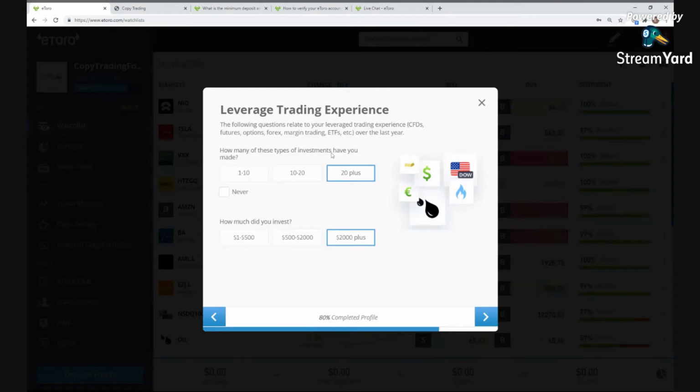How many investments? The following question relates to leverage trading experience, CFDs, futures, options, Forex over the last year. How many types of investments have you made? With leverage, I've only used leverage less than 10 times, so 1 to 10, and I don't use leverage anymore.